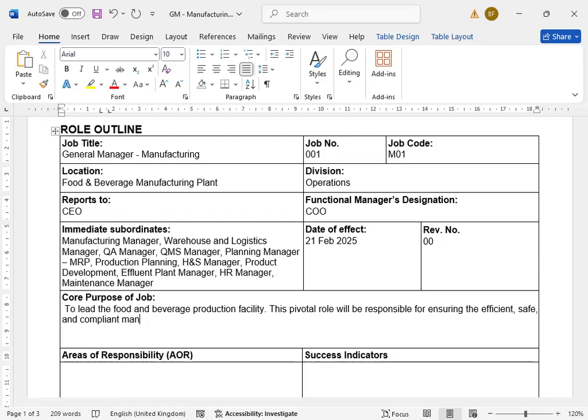It's also in compliance with the FDA, Food and Drug Administration, regulation. Compliant manufacturing of high quality.